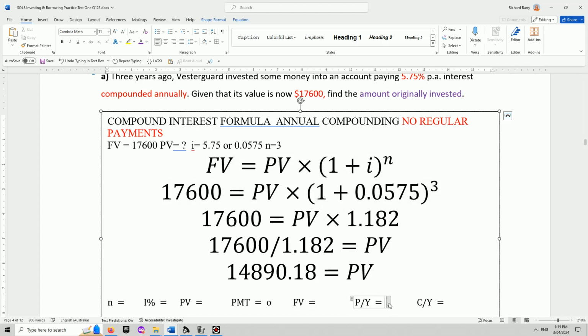It's annually, so these two are 1 and 1. The future value is given to you, 17,600. Payment is 0. PV, find the original amount invested. That's a mark for showing what you understand is required. The rate is 5.75 and 3 years.